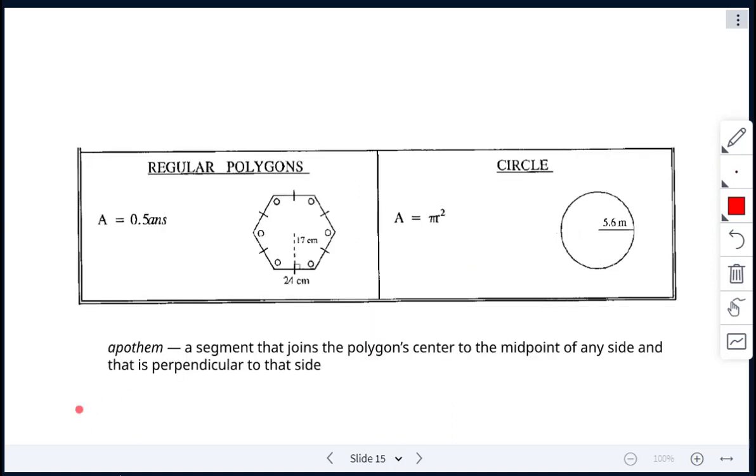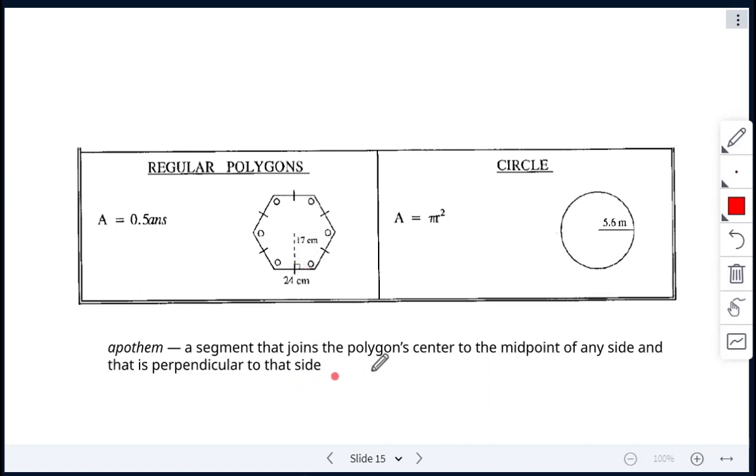Okay. All right, so next we have regular polygons. The formula for a polygon is A equals 0.5 ANS. Here, the A represents the apothem, which is this dashed line here.